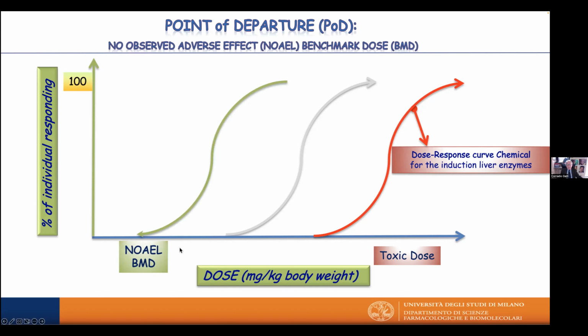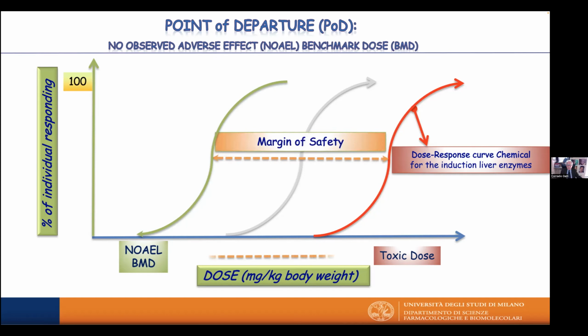And that is our aim, as I said during our first part of the presentation, to derive a hazard, to identify a hazard, so a point of departure. But then very quickly, what we need is to know what is the margin of safety between the toxic dose and the no effect dose.